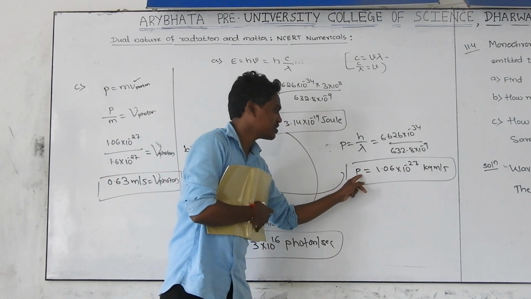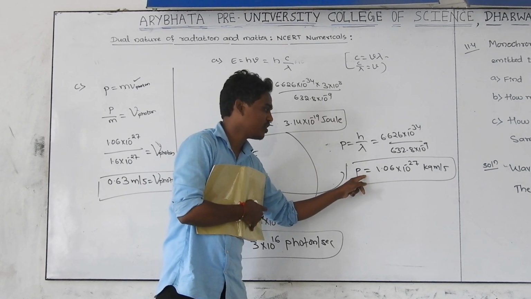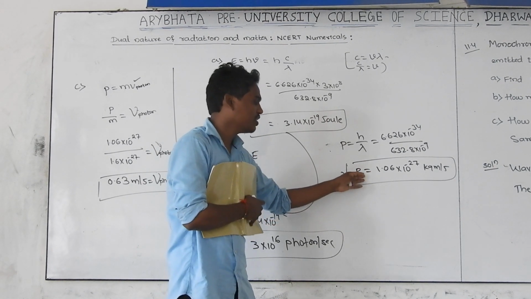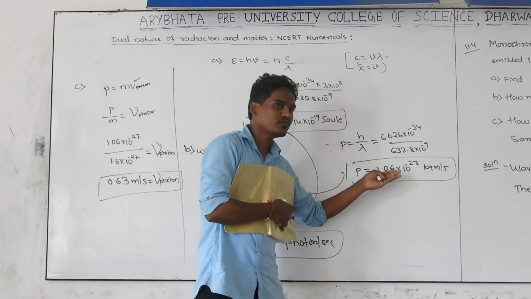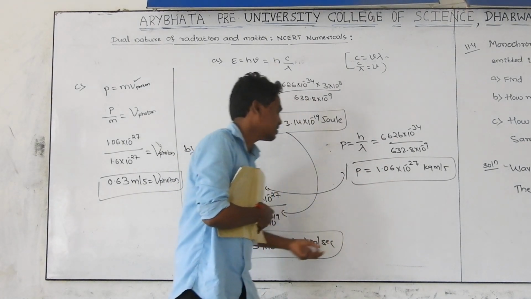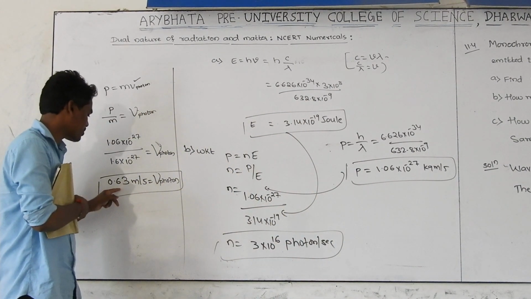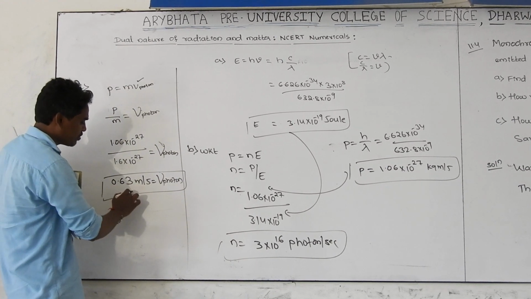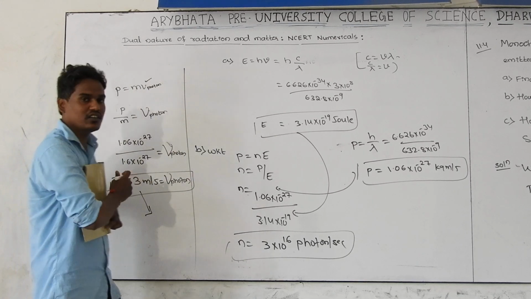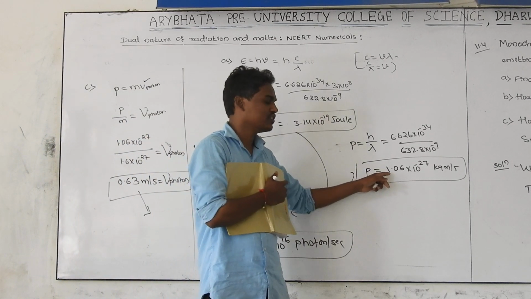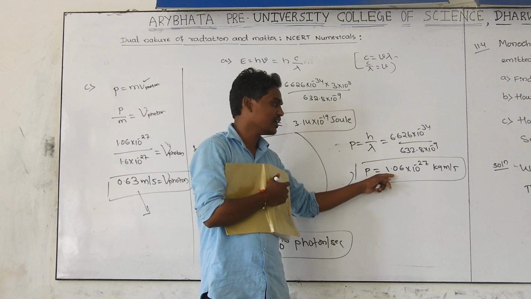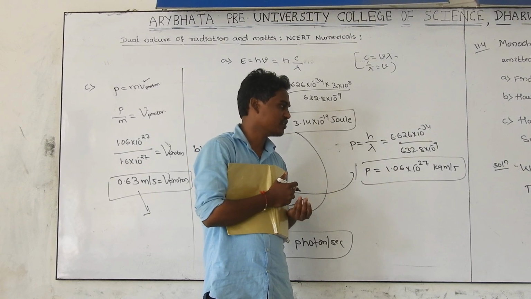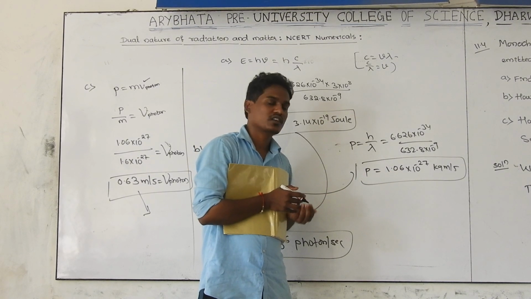This is the momentum of electron and not the photon. But to get this much momentum, the photon has to move with a speed of 0.63 meter per second. Whenever the photon is moving with this much speed, then it has a momentum equal to the electron momentum, that is 1.06 into 10 to the power minus 27 kg meter per second.